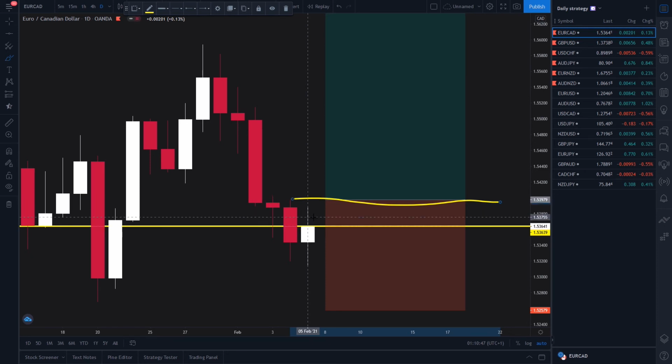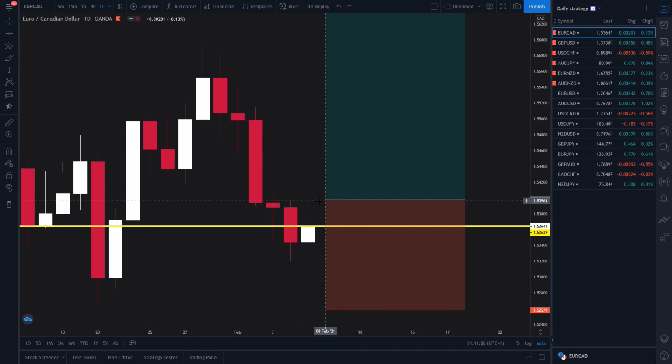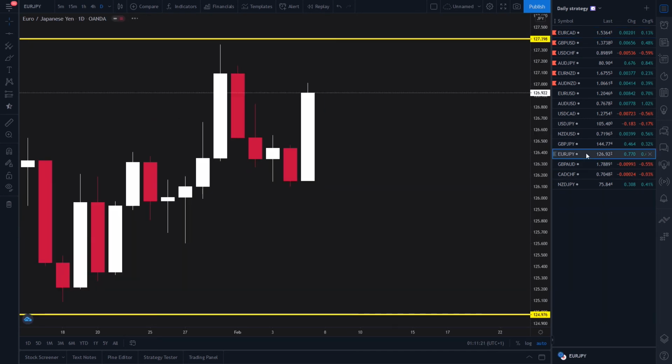And buy stop means if you're looking for a break of this level in price, the market will buy you on this level. So you can set a buy stop on EURCAD for 1.53973, and let's see how this plays out.